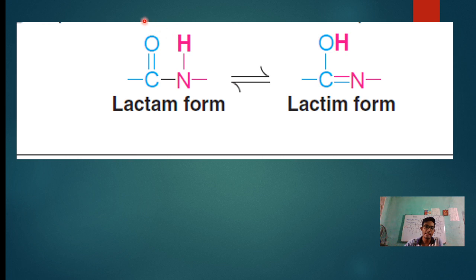Here you can see an oxy group is present, and the hydrogen is attached with oxygen and produces the lactim form, making a double bond between N and C. Because this bond will break and produce a new bond, it makes a double bond. This is the lactim form.